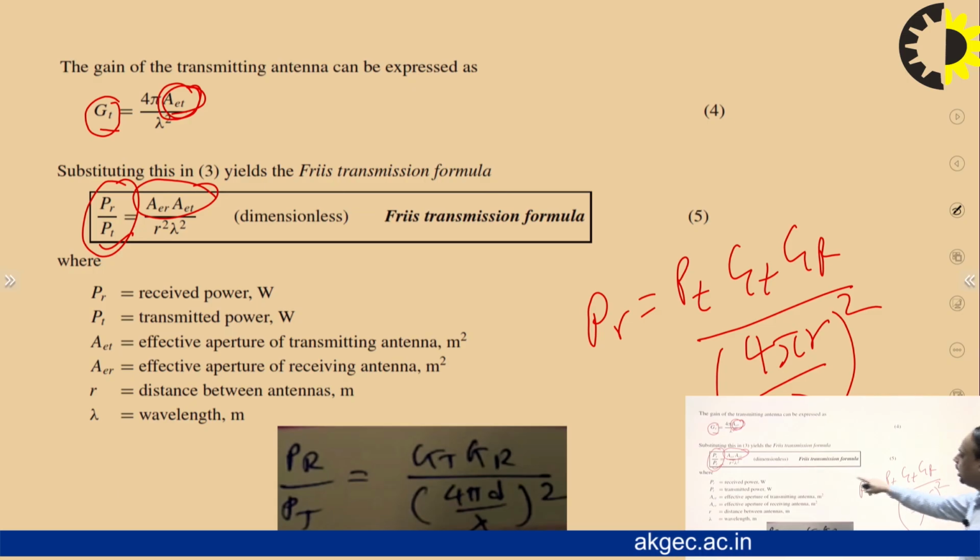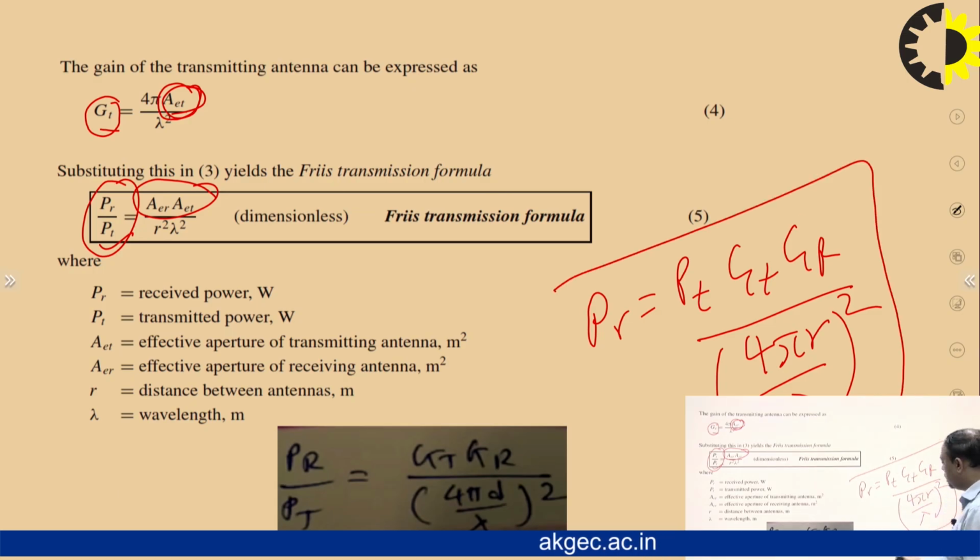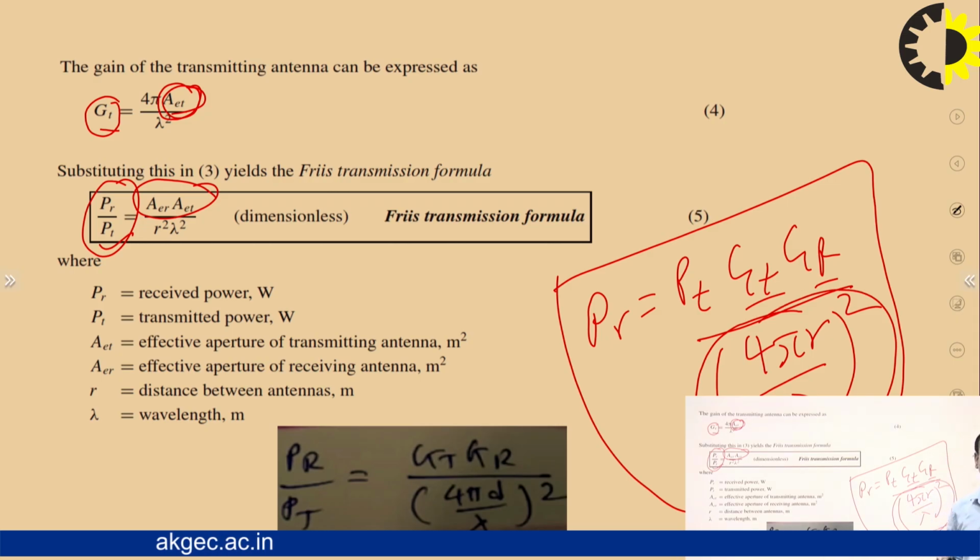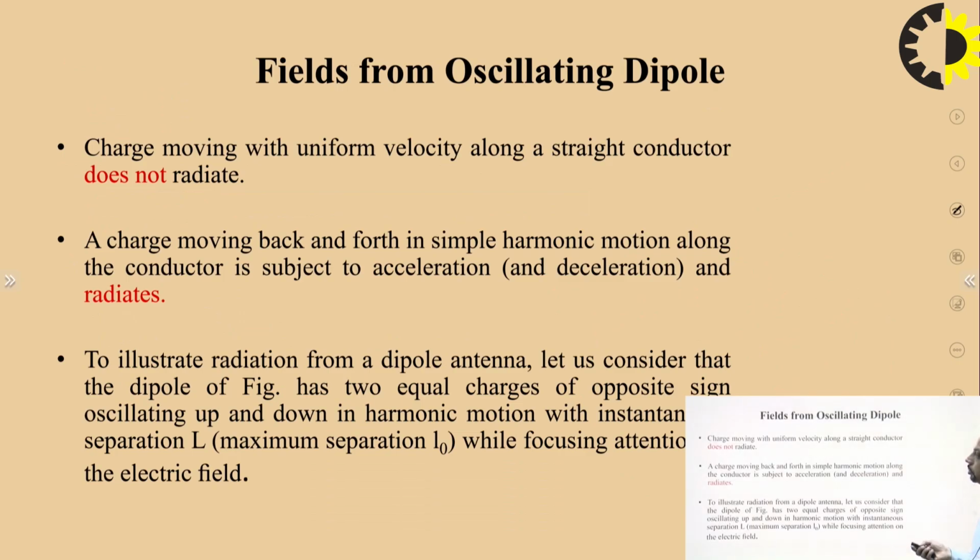So this is the Friis transmission equation in terms of the gain of the transmitting and receiving antennas, and this lower factor is known as the path loss, the amount of loss faced by the wave from the transmitter to the receiver, which is 4 pi r square by lambda square.